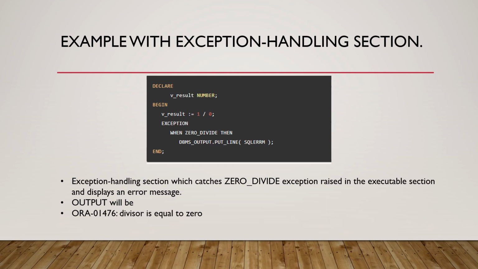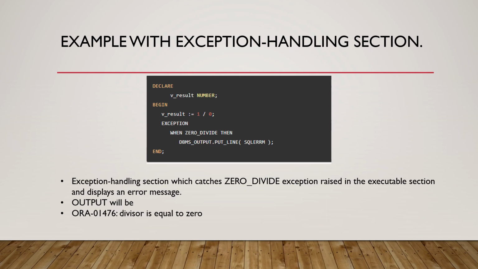Inside the executable part, I am assigning the variable 1 divided by 0. We know that any number cannot be divided by 0. So the exception occurs here. The handling section catches this exception raised in the executable section and displays an error message.